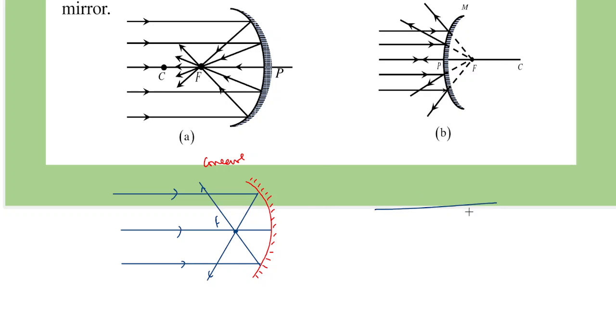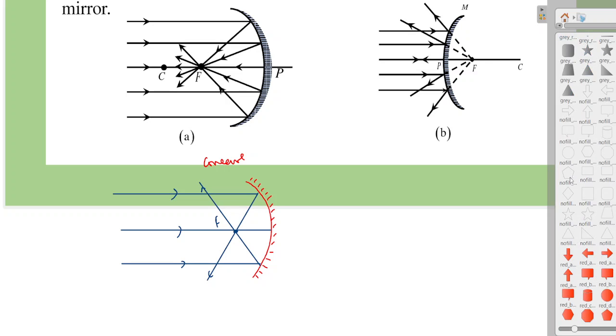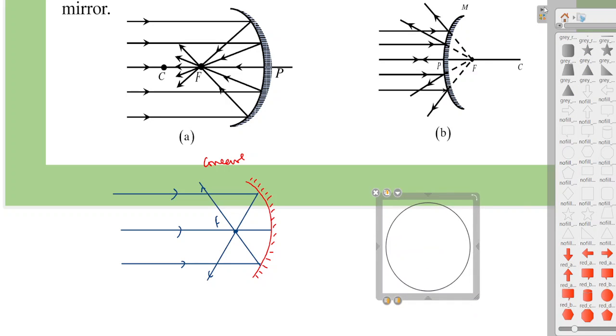For a plane surface, the normal is very easy. Drop a perpendicular, and that becomes the normal to the plane surface. For a spherical surface, it would be its radius of curvature or radius. To understand this, we'll take the example of a circle like this.